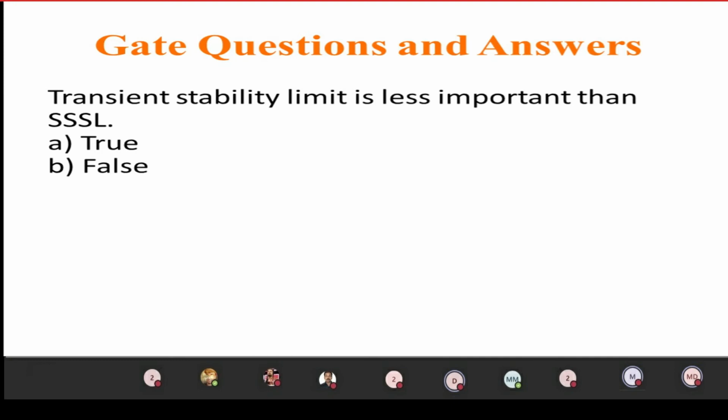A true, B false. Transient stability is more of a concern because the machine may lose synchronism due to sudden disturbance. So the transient stability limit is less important, but it is very important.